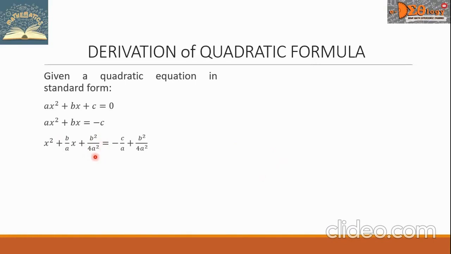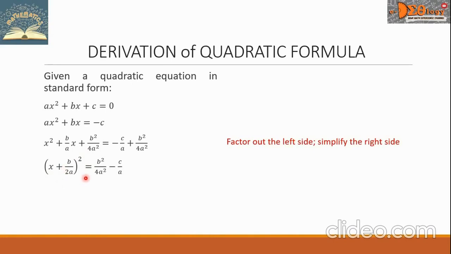And then let us now factor the left side to form a square of a binomial, while the right side we will simplify. The left side now becomes the square of the quantity x plus b over 2a.